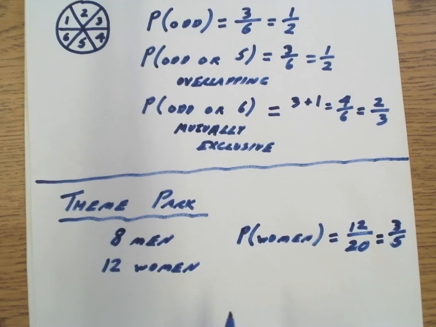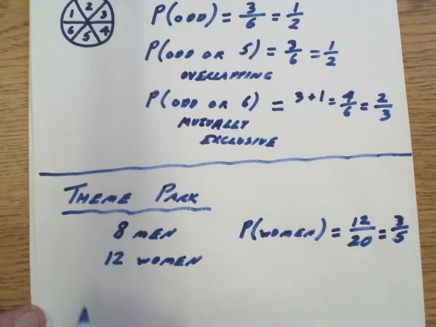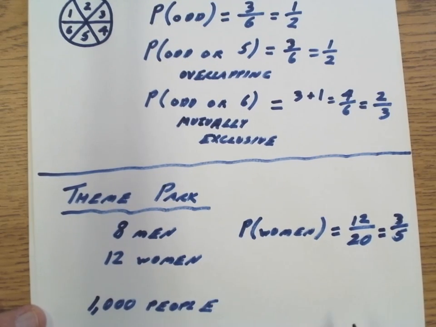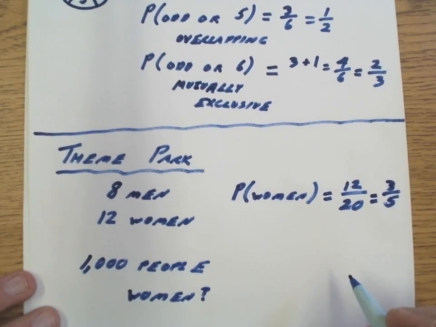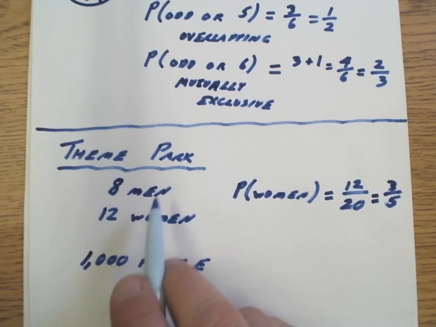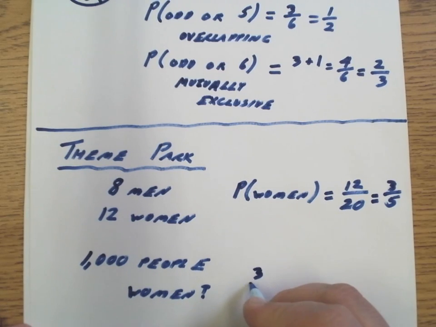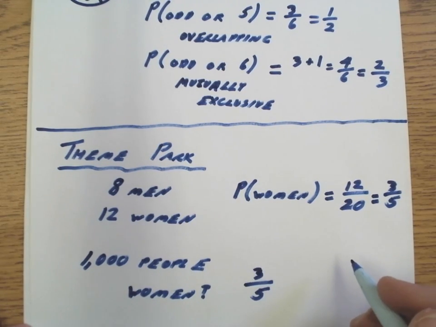Now let's say that on this day, there are going to be 1,000 people coming through the gates. How many women could we expect? Well, based on the probability from the first 20 people, 3 out of 5 are going to be women.